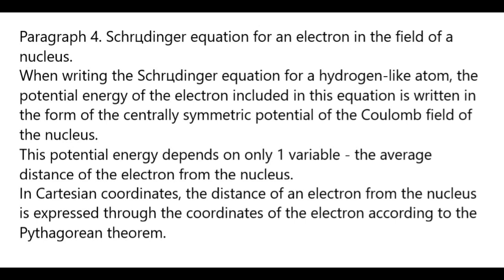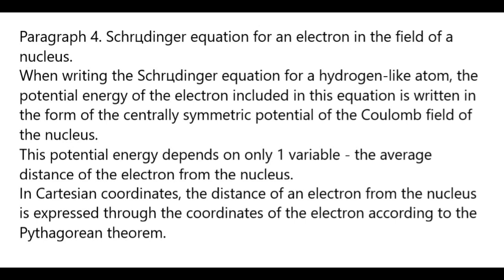When writing the Schrödinger equation for a hydrogen-like atom, the potential energy of the electron included in this equation is written in the form of the centrally symmetric potential of the Coulomb field of the nucleus. This potential energy depends on only one variable, the average distance of the electron from the nucleus.